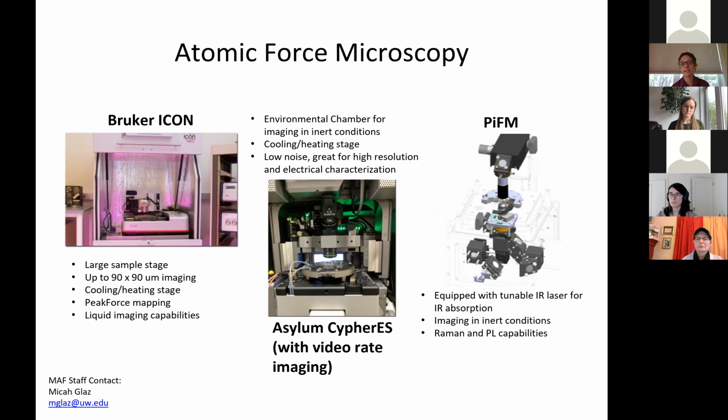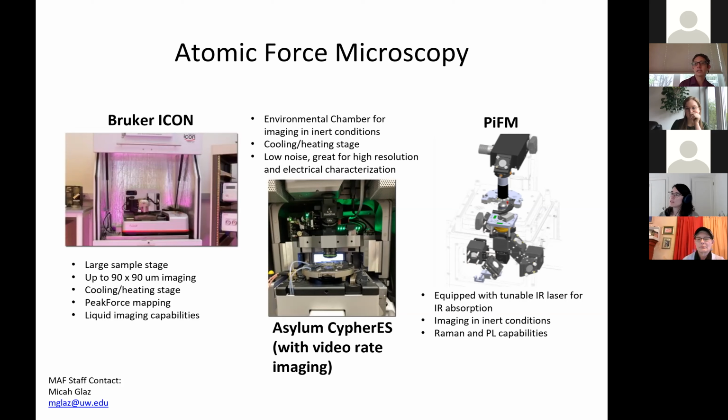Last but not least is the PIFM, a photo-induced force microscope. This one is coupled with an IR laser, and it uses the AFM tip, which is about a couple of nanometers in diameter, as a sensor. You shine IR light on your sample with a tunable IR laser, and you can see whether the sample is absorbing light or not.